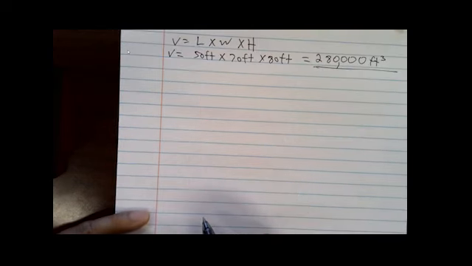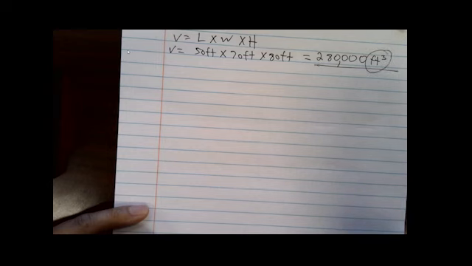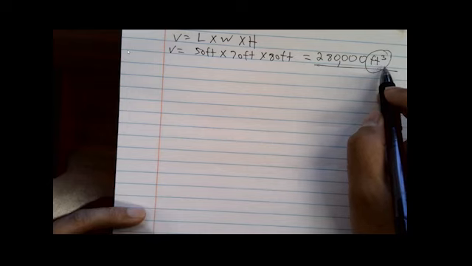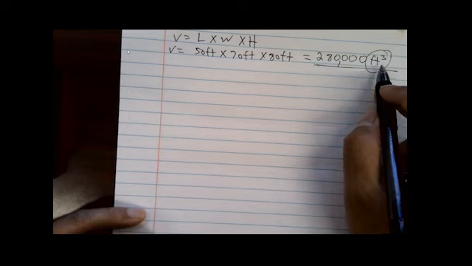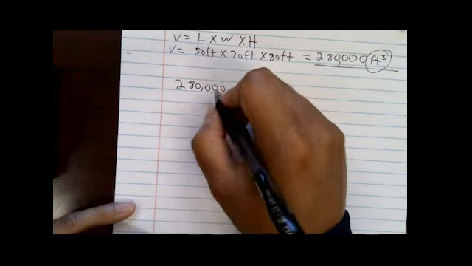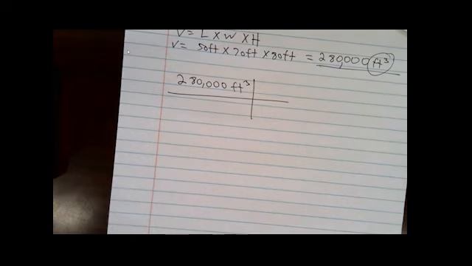Now that we have this volume, we have from the question that it's pumping at a rate of 250 gallons per minute. We have units of cubic feet, so we want to further change this to gallons so that we have everything in the same units, right? So let's take a look at what conversion factor we're going to want to use to convert from cubic feet to gallons.